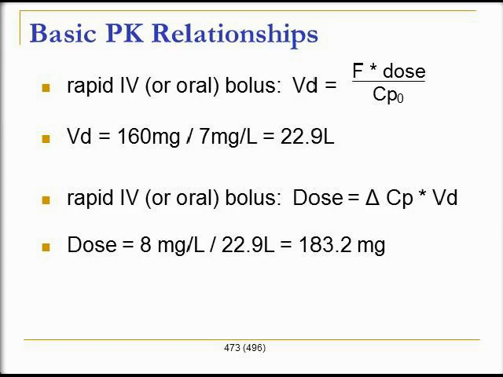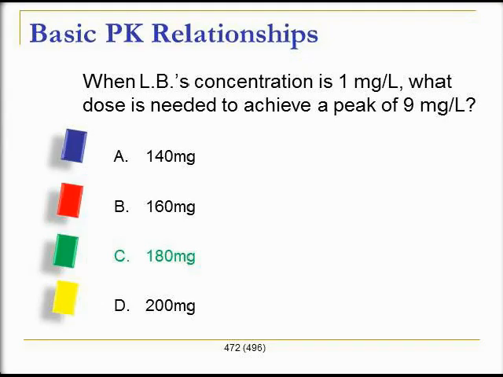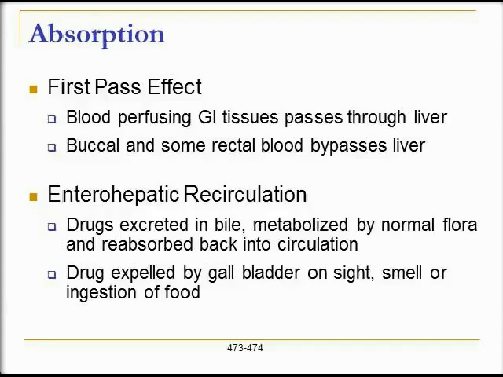So dose is equal to concentration times volume. And so the answer then is 183.2 milligrams. So the correct answer is C. You'd need about a 180 milligram dose in order to go from 1 to 9.